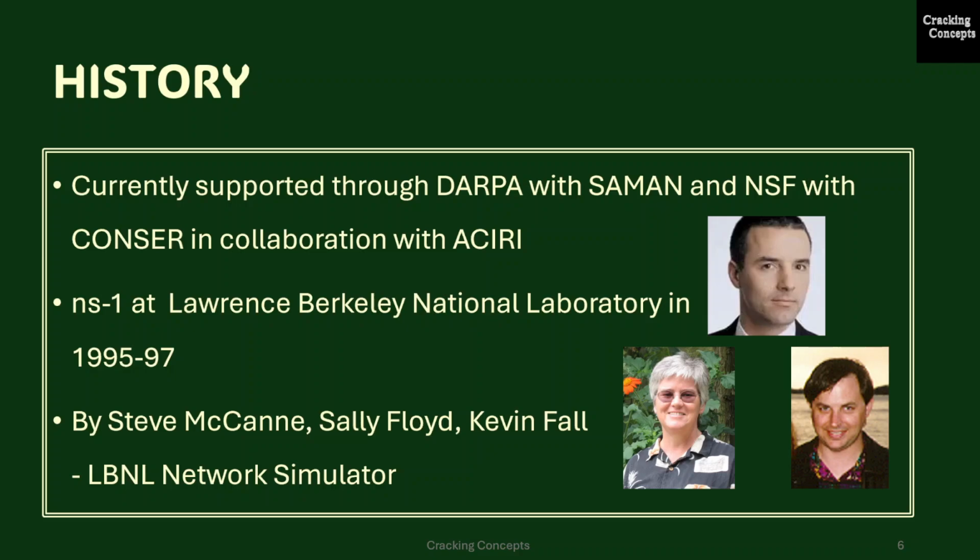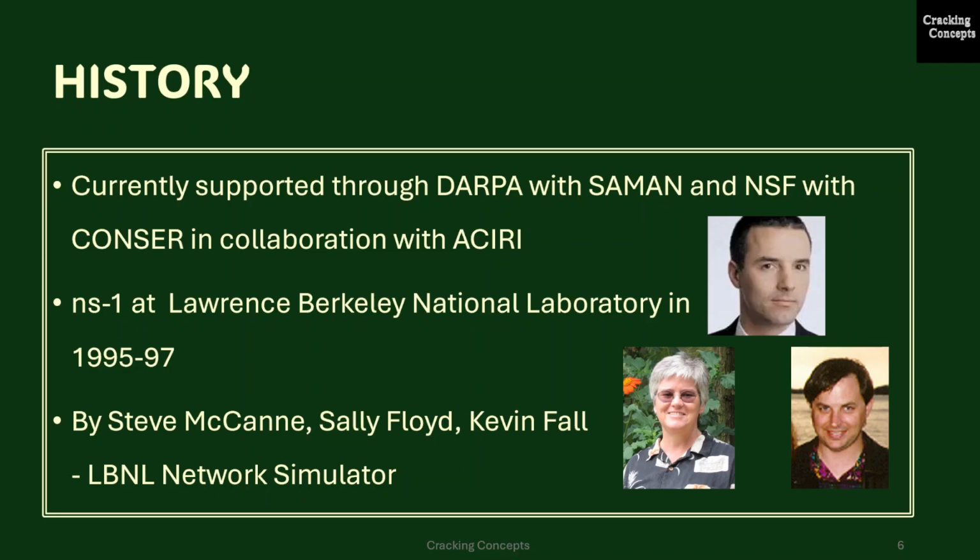Currently, NS development is supported through DARPA with Summon and through NSF with Concert, both in collaboration with other researchers including ACI-RI. The first version of NS, known as NS1, was developed at Lawrence Berkeley National Laboratory, which is LBNL, in the 1995-97 timeframe by Steve McCann, Sally Floyd, Kevin Fall, and other contributors.